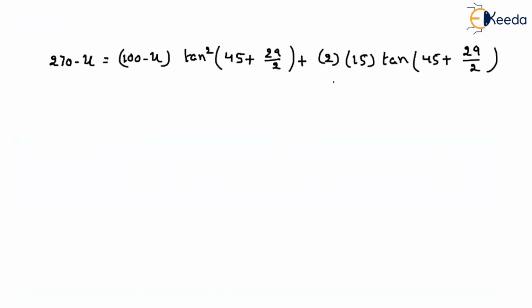Then solve this equation. If you solve this equation, you will get the pore water pressure. That is nothing but 36.7 kilopascal. Just solve this calculation, there is only one unknown, u. So if you solve this, you will get the unknown value, right?